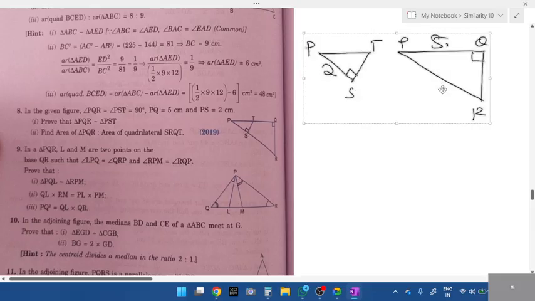Prove and tell me what are the angles which are equal, students. Don't take random angles. Think and answer. What are the angles which are equal? If you identify that, the question is completed. You should apply the area concept. It's a very basic question.